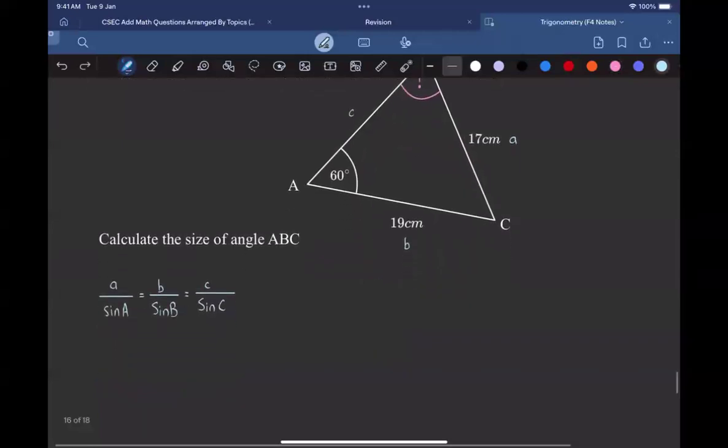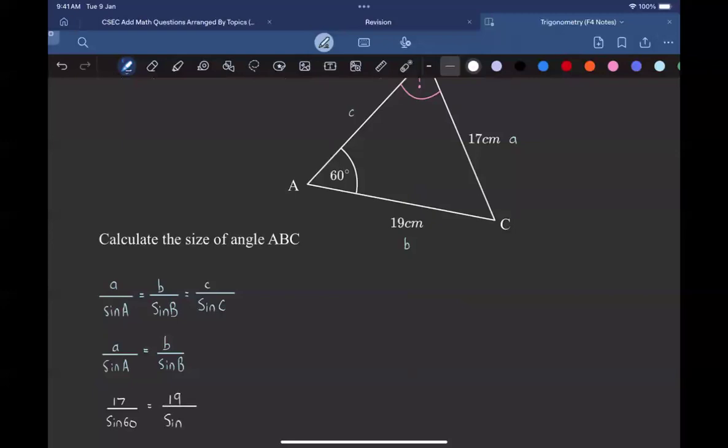So we're going to use a over sine A is equal to b over sine B. So it will be 17 over sine 60 equals 19 over sine B. What am I going to do next?